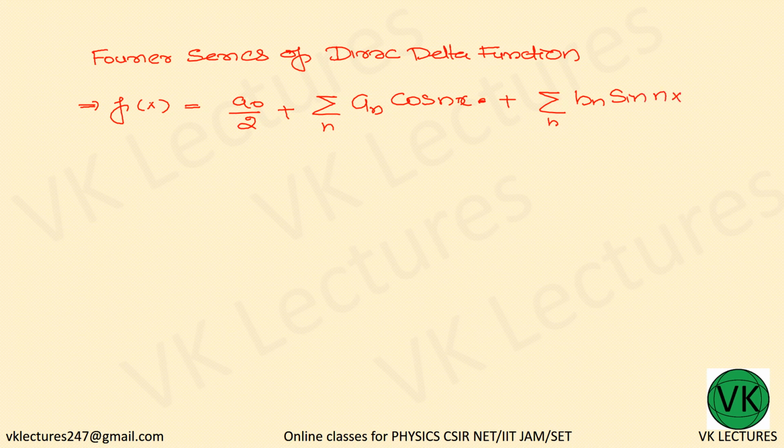Here a naught value is equal to 1 by pi, an is equal to 1 by pi cos na, and bn is equal to 1 by pi sin na.